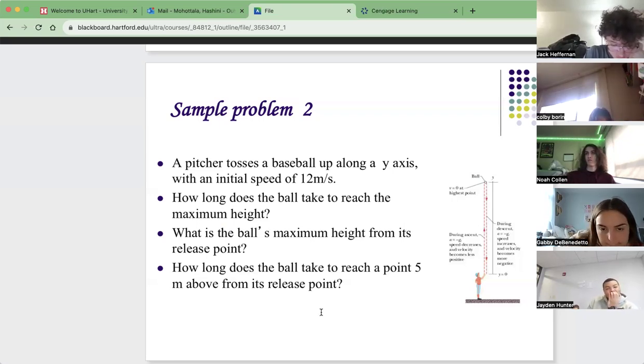Sample problem number 2. So get the information and put it into the table.